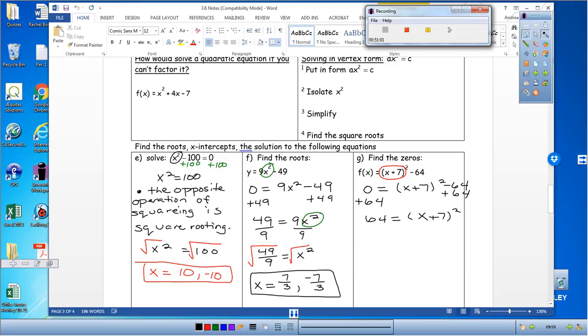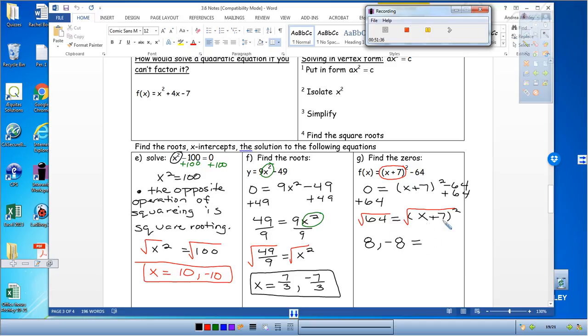So I have to undo that squared thing. Class, what's the square root of 64? 8 and what else? -8. It has to have both. Give it a second, it's thinking about it. Oh, there you go, -8.